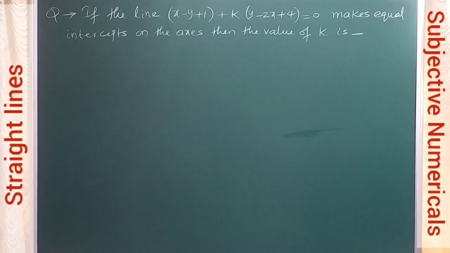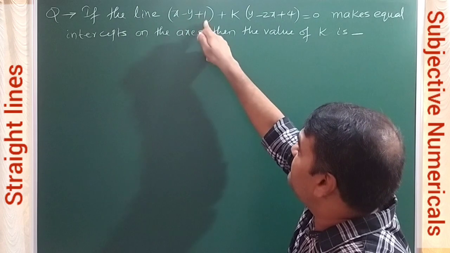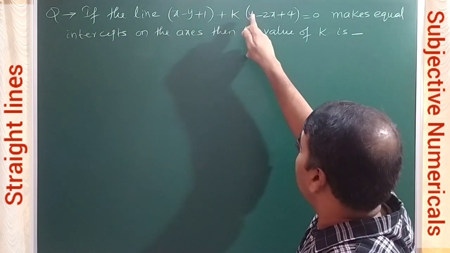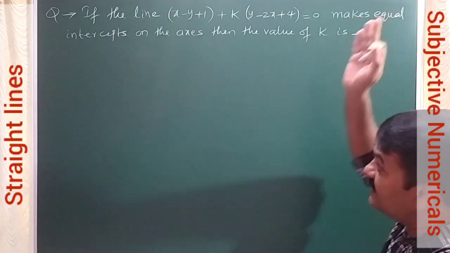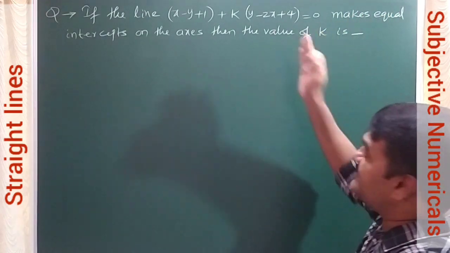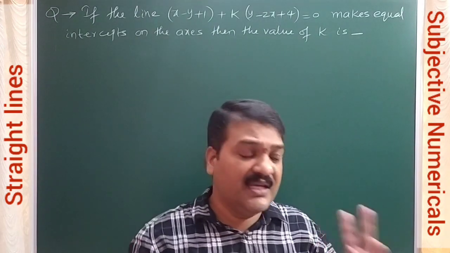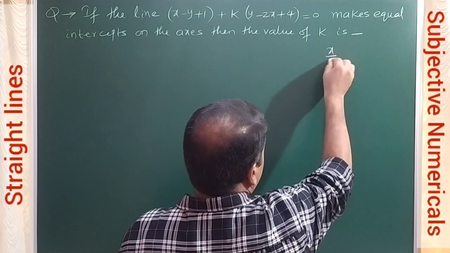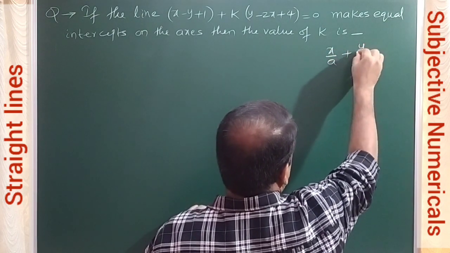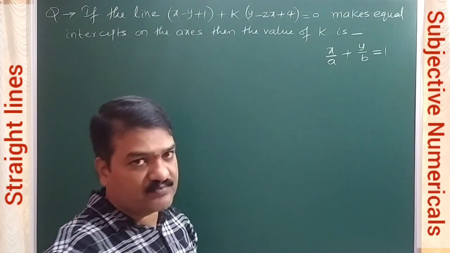So here is the next question. If the line (x minus y plus 1) plus k times (y minus 2x plus 4) is equal to 0 makes equal intercepts on the axis, then the value of k is? The line is making equal intercepts on the axis. So we know that x by a plus y by b is equal to 1 is the intercept form of the line.